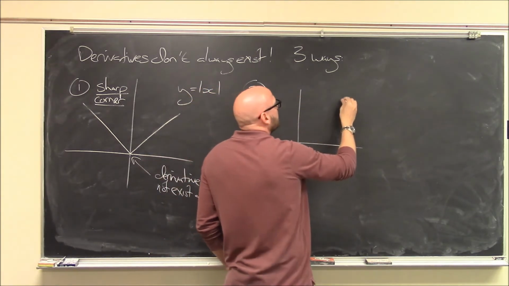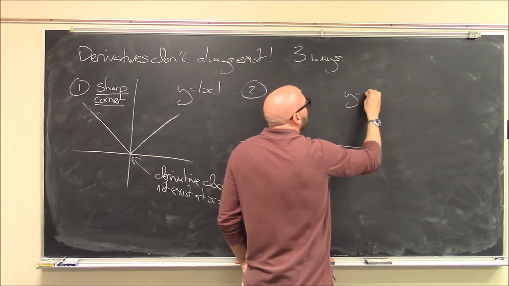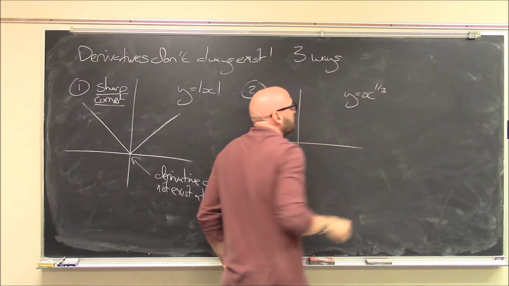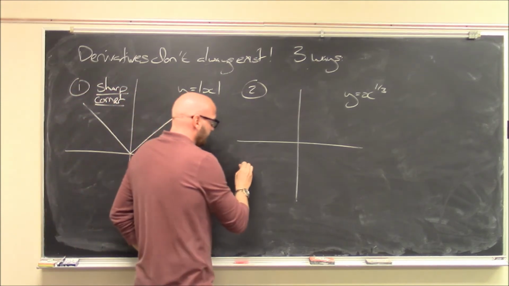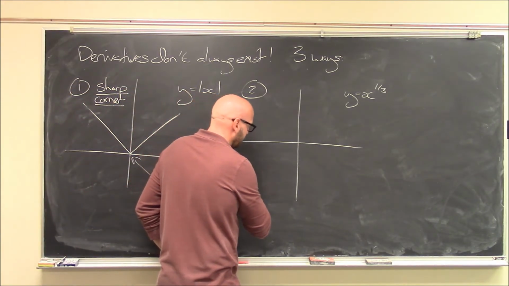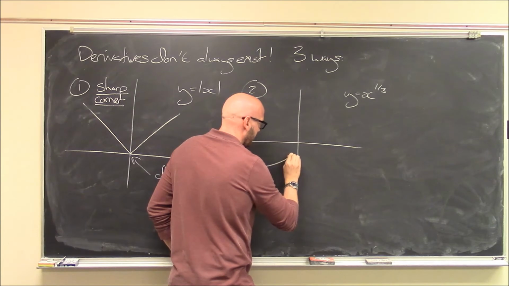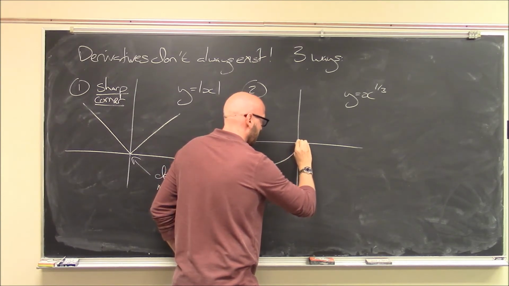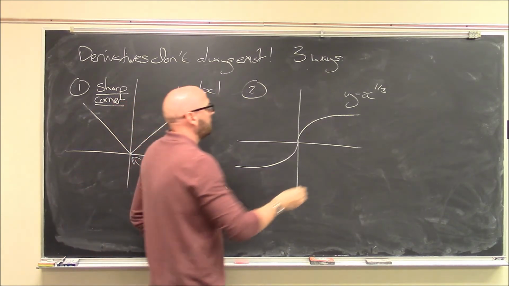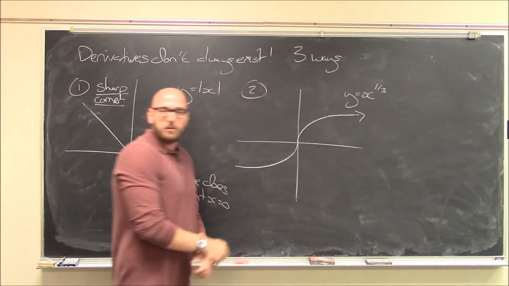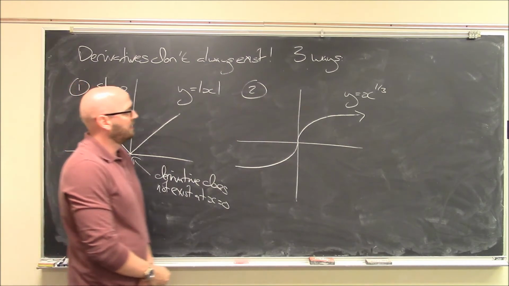Again, I can give you a function that demonstrates this property. It's y equals the cube root of x. Alright, so if I were to try to graph this function, it looks a bit like this. Yeah, close enough. This is roughly the graph of y equals the cube root of x.